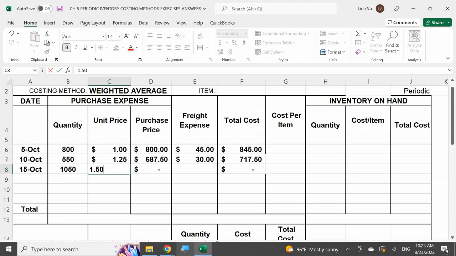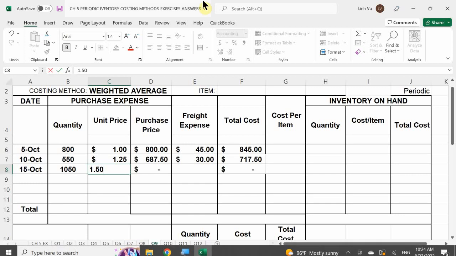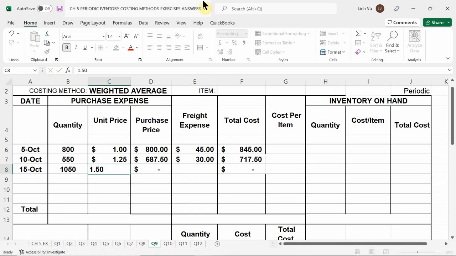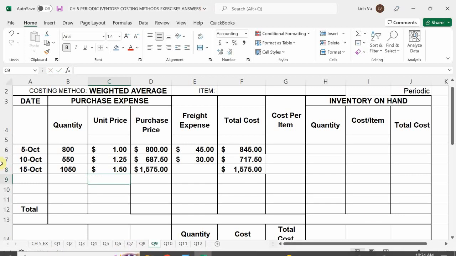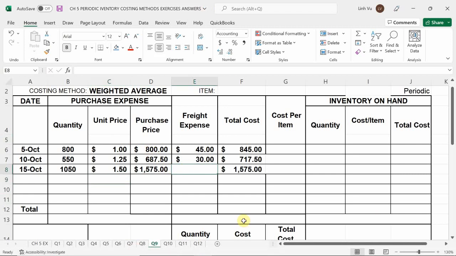So what is 1,050 at $1.50? $1,575. Good. Plus $50 freight. $1,625. Good.